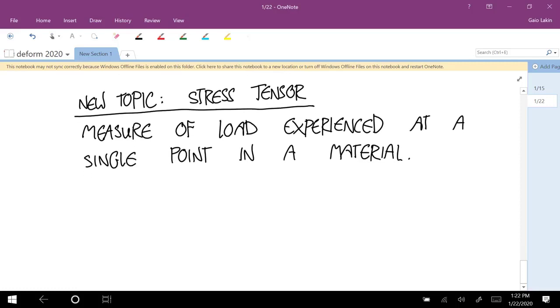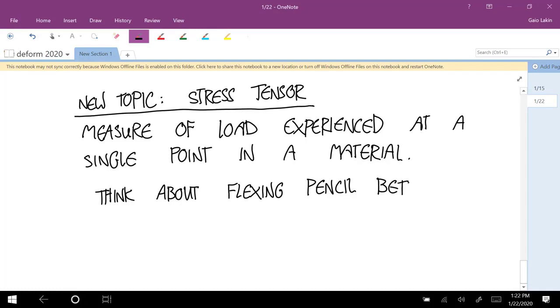But as just sort of an introduction to that idea, think about flexing a pencil between your hands.